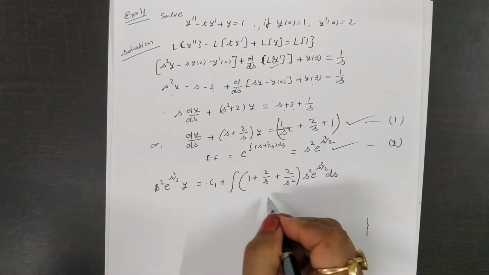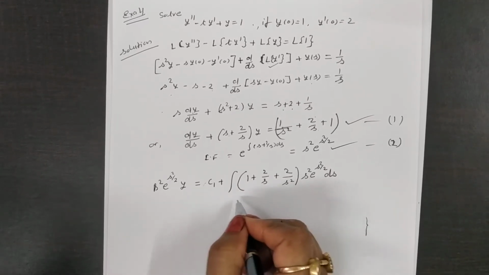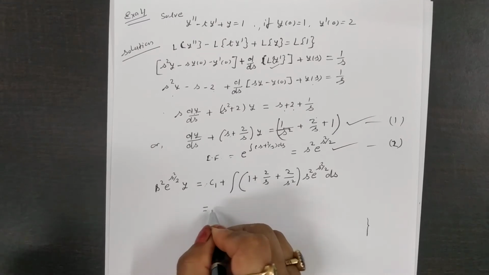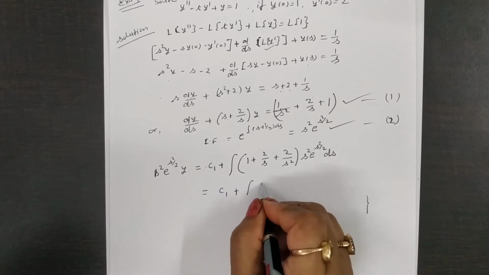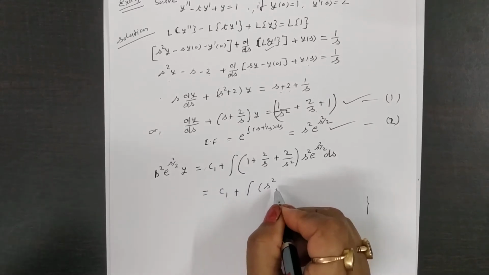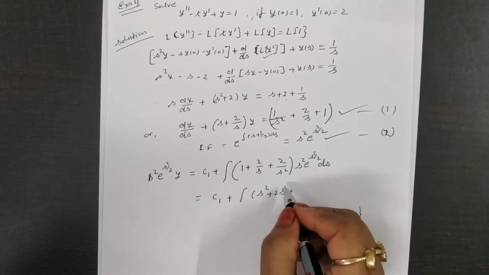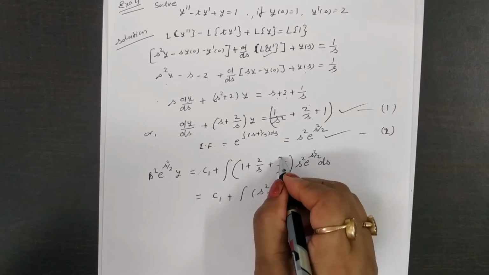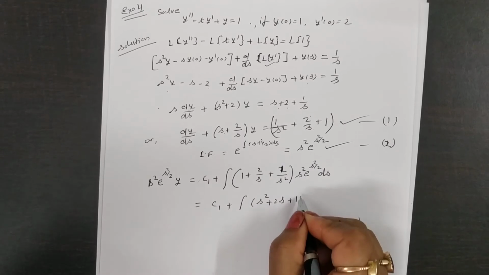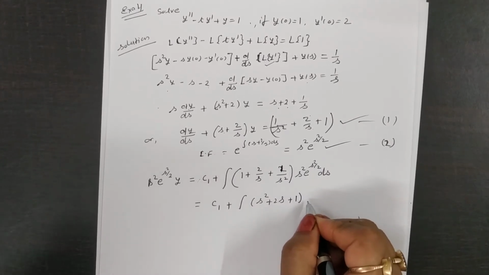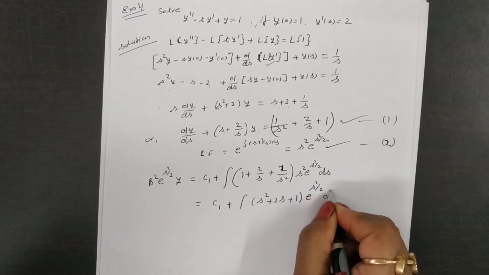Now multiplying this term by s square, this becomes c1 plus the integral of (s square plus 2s plus ... not 2 here, it is 1, because here it is given as 1 by s square plus 1) e to the power s square by 2 ds.